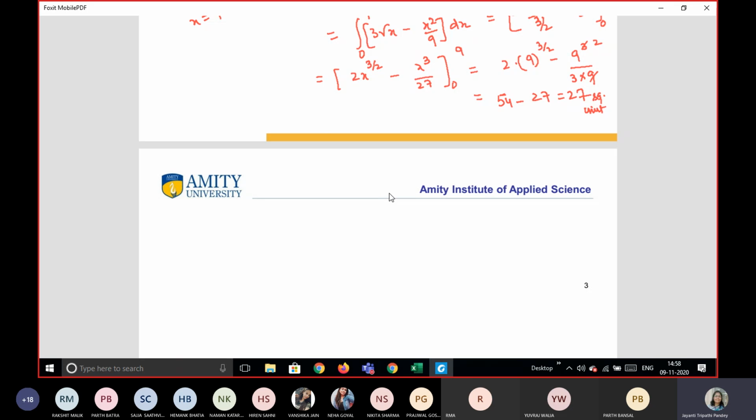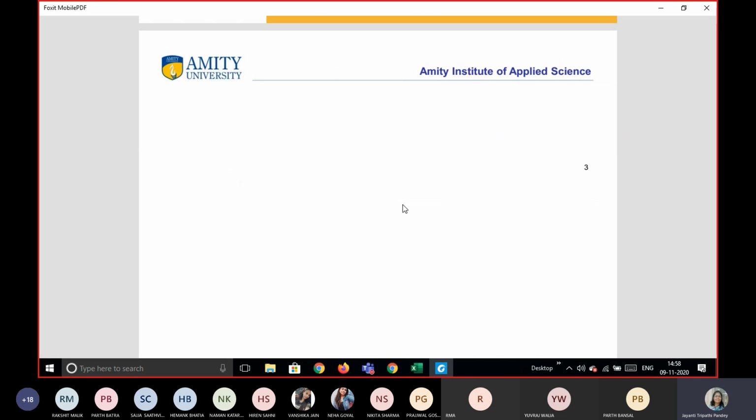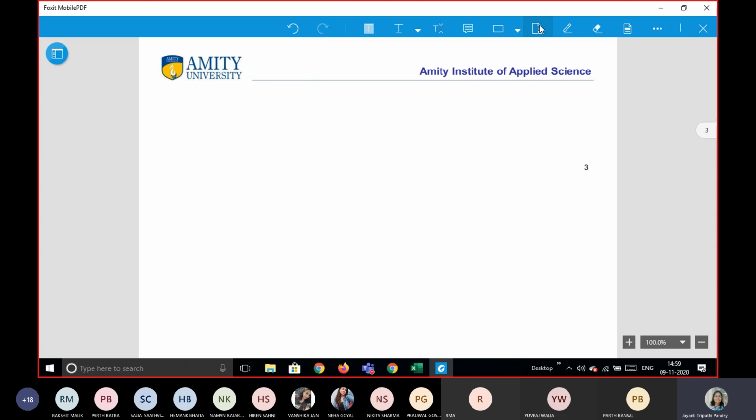Find the area bounded by the circle and the line y is equal to x in the first quadrant. So this is a circle which has origin as its center.